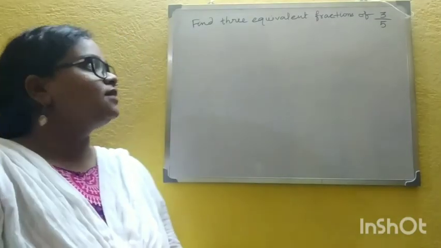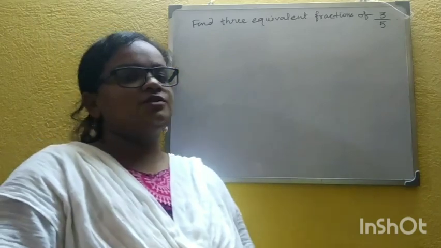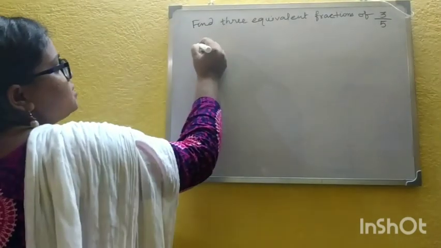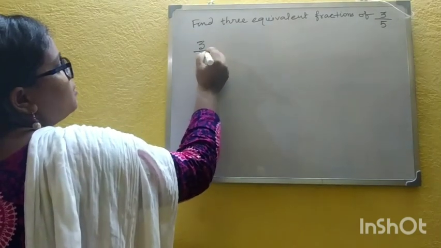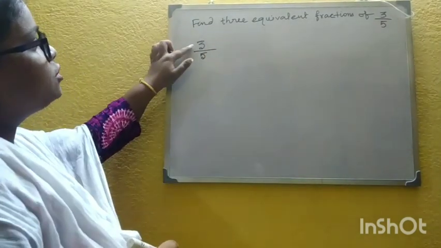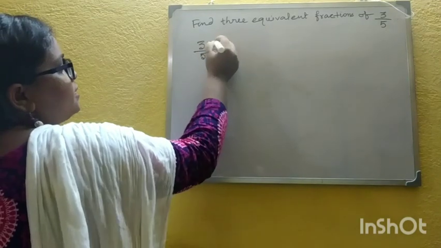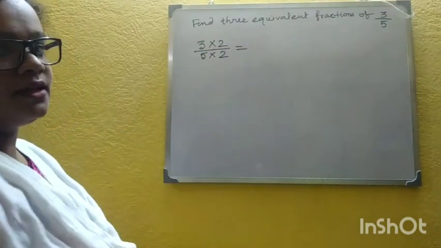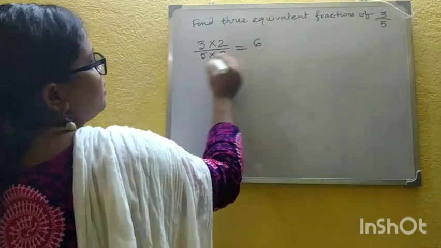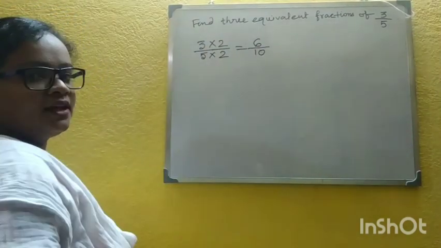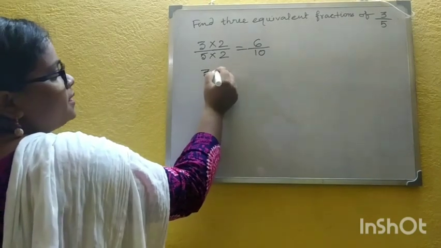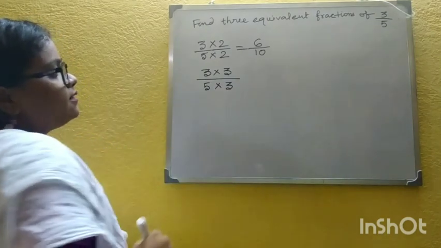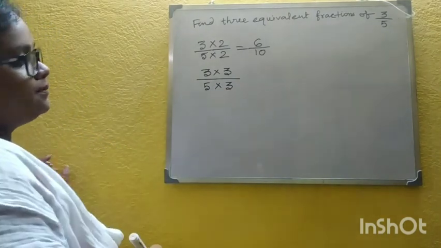Now, let's find 3 equivalent fractions of 3 by 5. So, first we will multiply both 3 and 5 by 2. So the fraction will be 3 2s are 6, 5 2s are 10. Then we will multiply both 3 and 5 by 3.